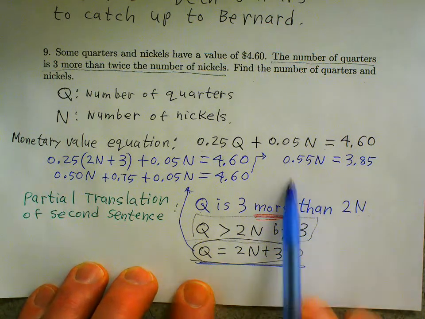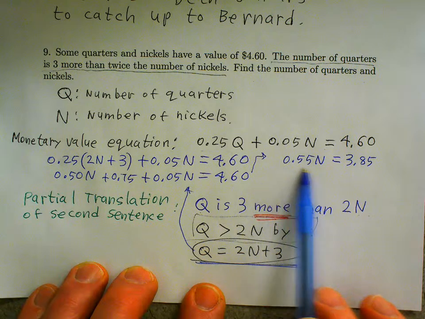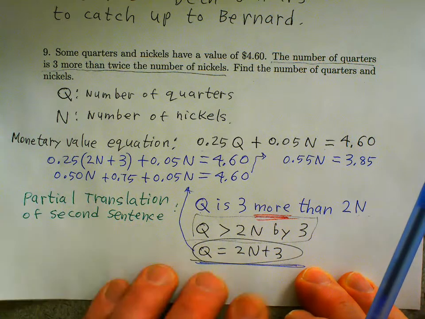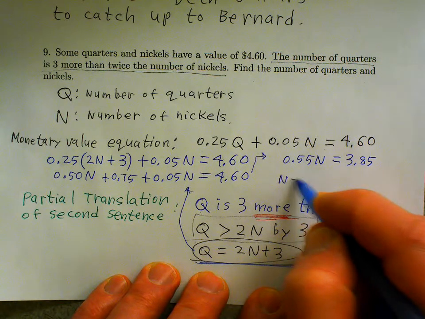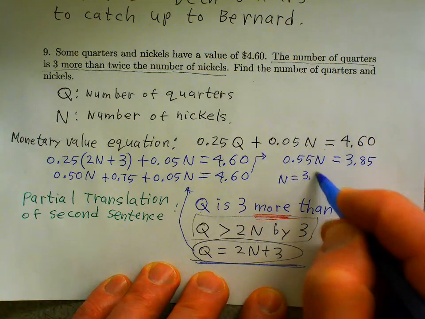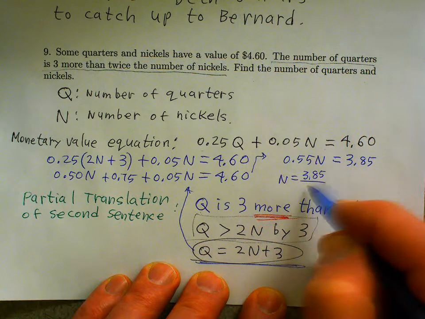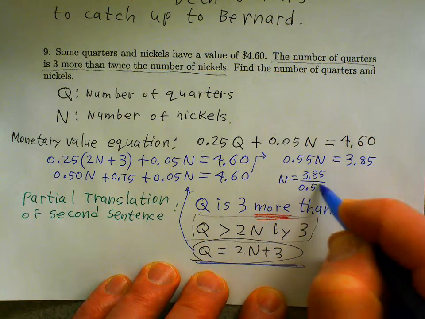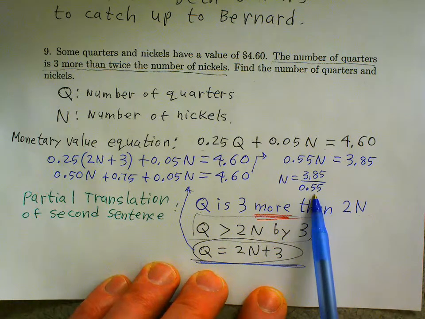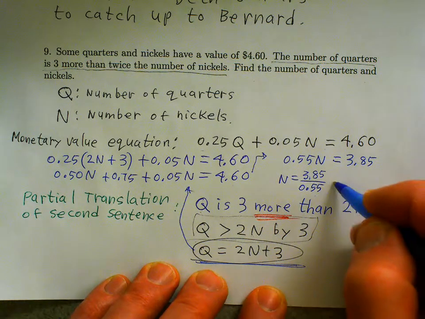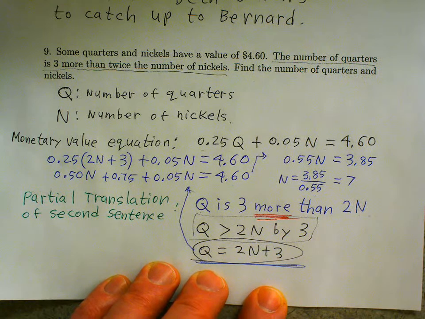And then divide both sides by 0.55. So we get N equals 3.85 divided by 0.55. And that simplifies to 7. So there are 7 nickels.